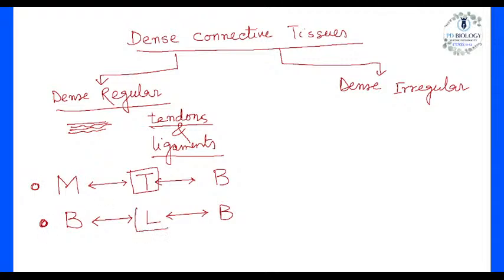You will face this question in any exam. So two bones are connected with ligament, BLB, and muscle is connected to bone with tendon, MTB. Everybody keep in mind, that's a very important mnemonic.